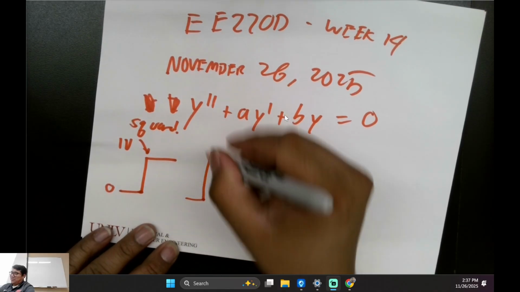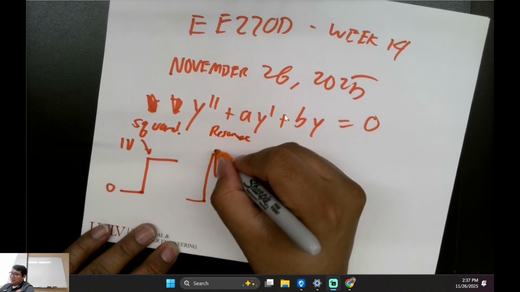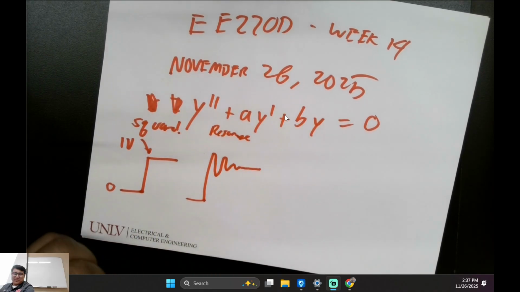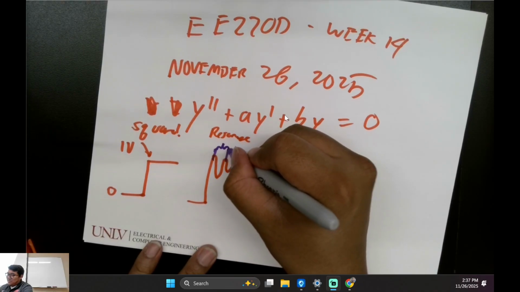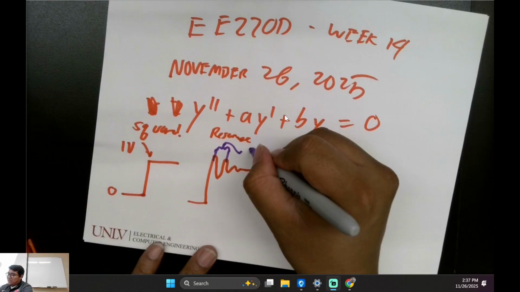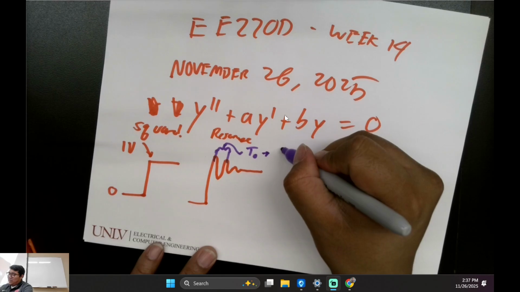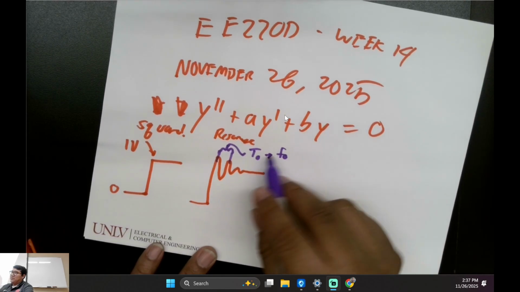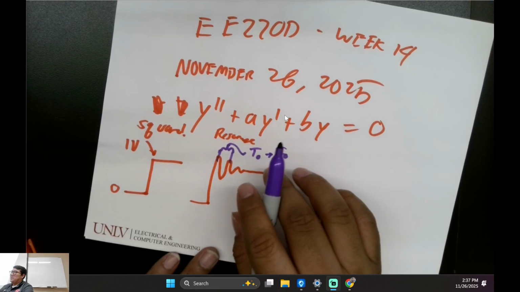That's resonance, where the period between this and this, this distance right here, is your resonating period, or f naught. There's going to be some resonance in that, and that's where you look at overshoot.